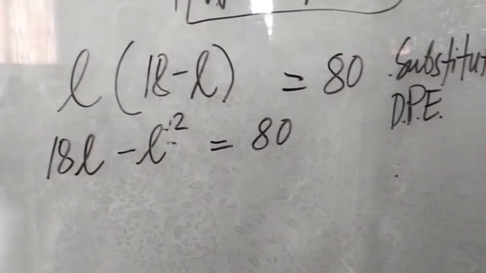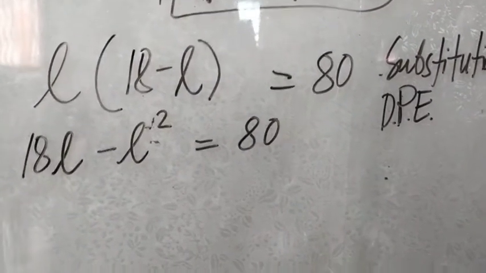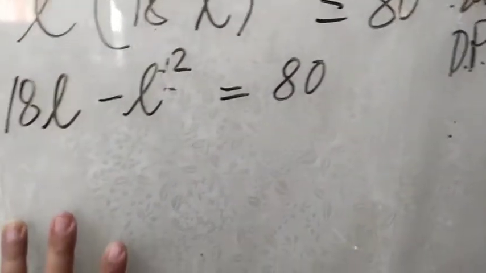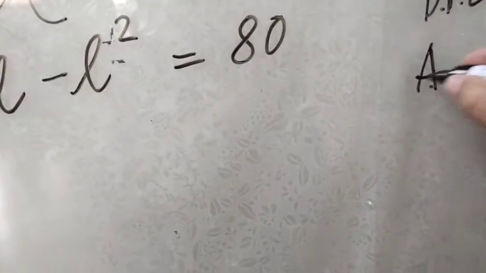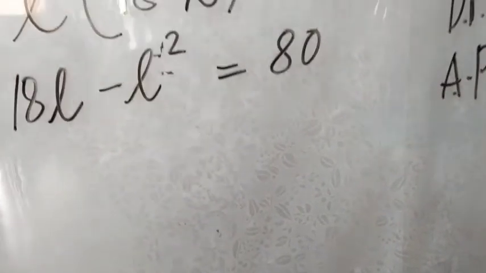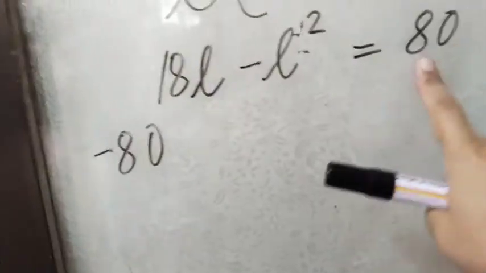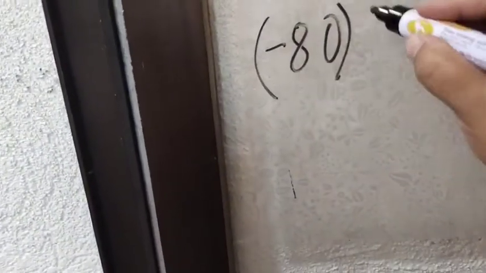Next naman natin dyan ay, syempre, para maging quadratic equation siya, kailangan si 80 ay nasa left side of the equation. So, we're going again to introduce the addition property of equality. Since ito ay positive, ang additive inverse nito ay negative 80. So, we add negative 80 on both sides.